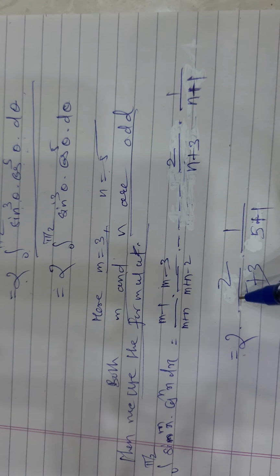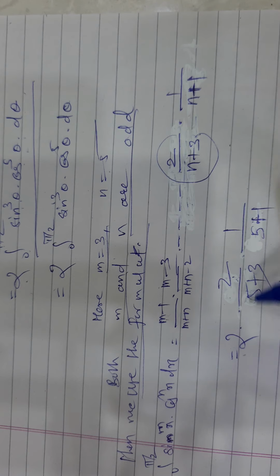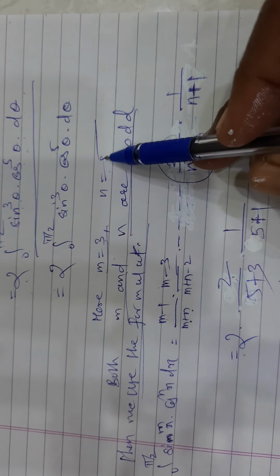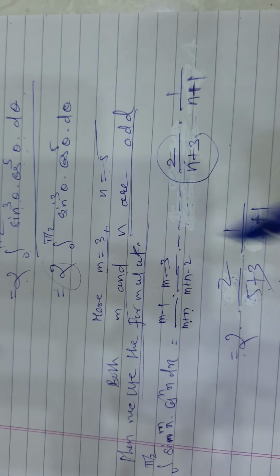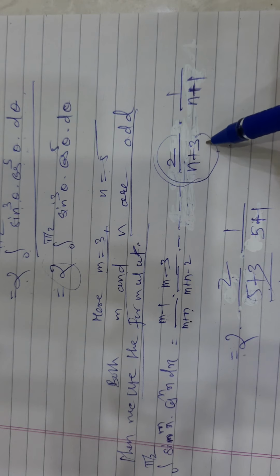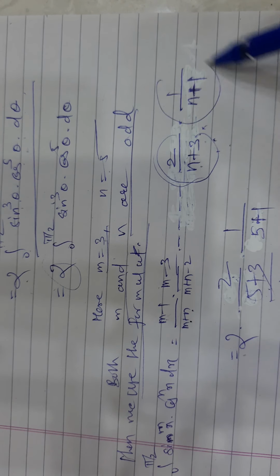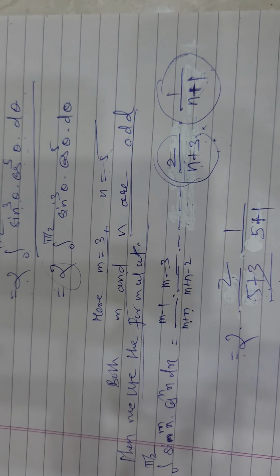Here m minus 1 is 3 minus 1, 2, and we arrive at 2 upon m plus n, 3 plus 5, that is 8. This is the first term. The next term is 2 upon n plus 3, n is 5. The last term is 1 upon n plus 1, n is 5, so 1 upon 6.